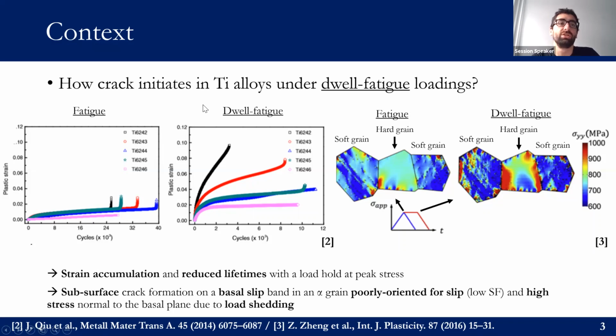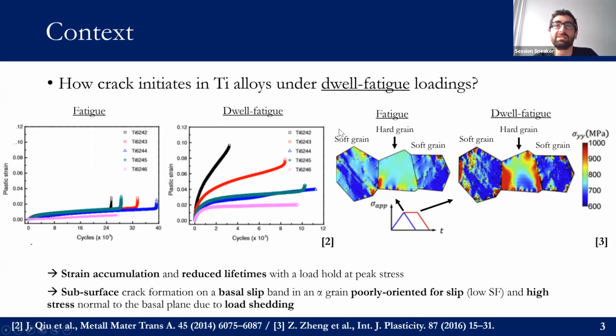For such loading conditions, crack formation proceeds subsurface on a basal slip band in a primary alpha grain that is poorly oriented for slip. Such a grain is called a hard grain, and the microstructural configuration favoring crack initiation is composed of a hard grain surrounded by soft grains.